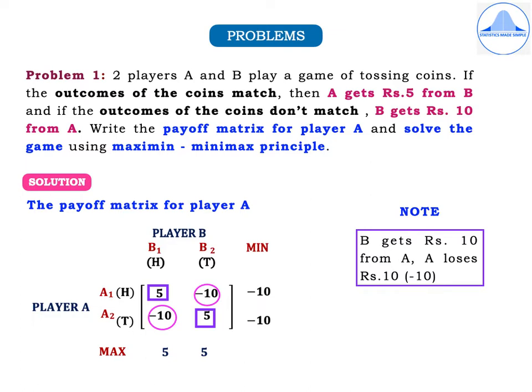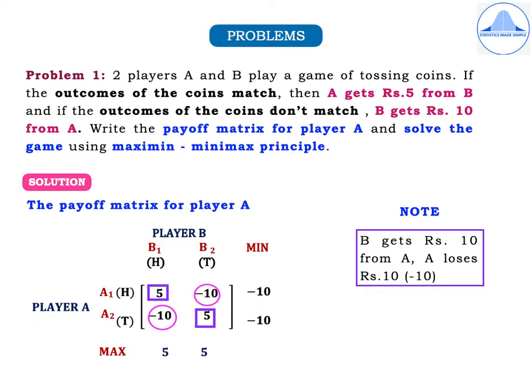Because A is getting an amount, it will be positive. And if the outcomes of the coins don't match, that means if player A has the strategy A1 as head and player B has the strategy B2 as tail, then B gets rupees 10 from A, or in other words B is gaining 10 rupees and A is losing, so it will be minus 10.